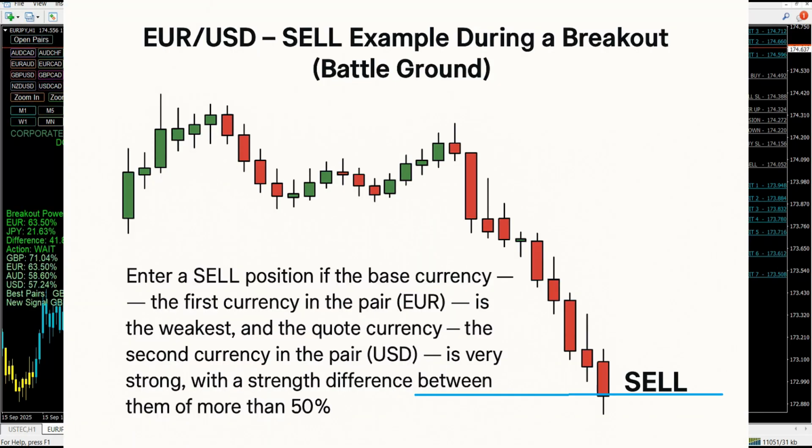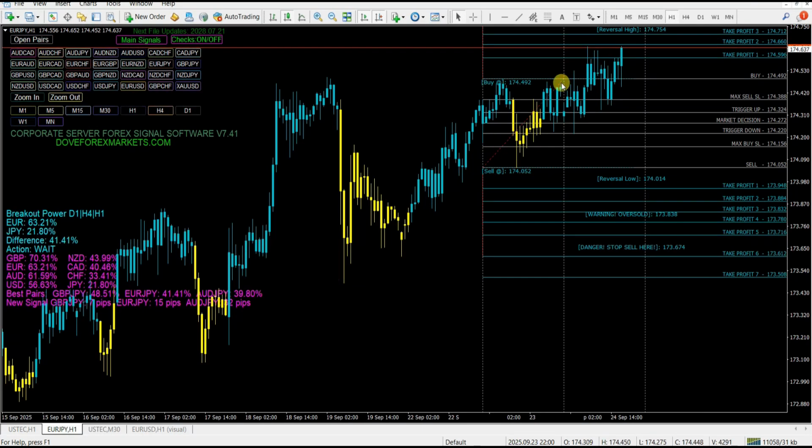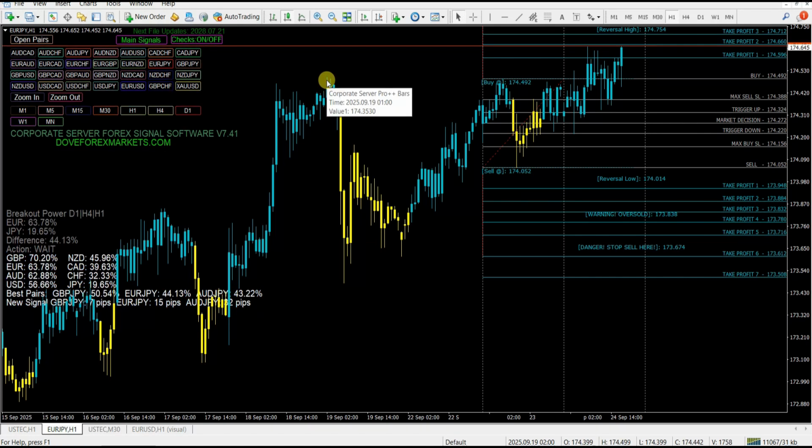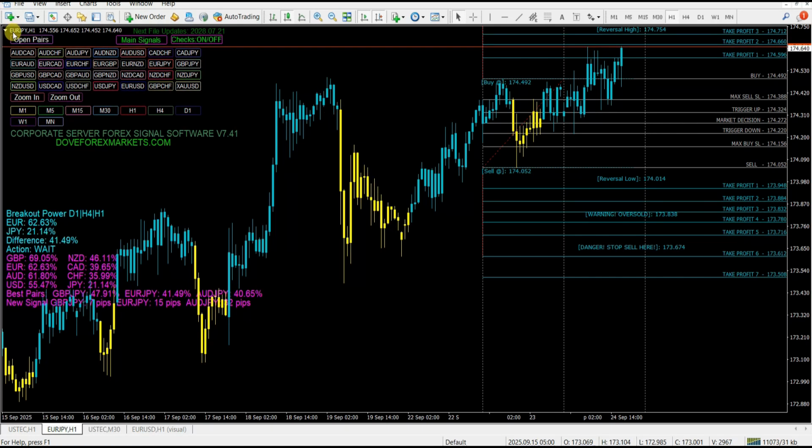Everything that you see on the chart window, all the appreciation of the price, is actually the appreciation of the base currency, that is Euro. All the depreciation of the price is actually the depreciation of the base, which is Euro. If it is appreciating from this point going all the way upward, that means Euro is very strong and Japanese yen is weak.